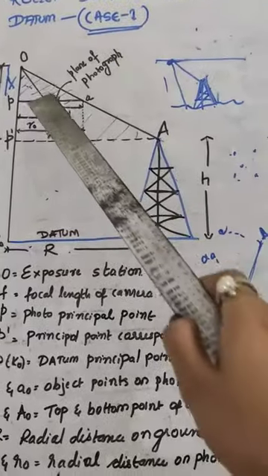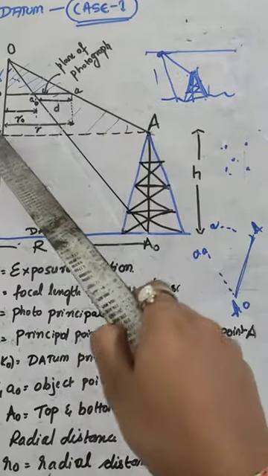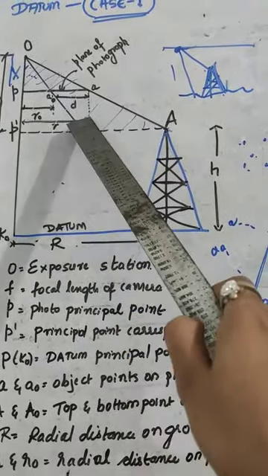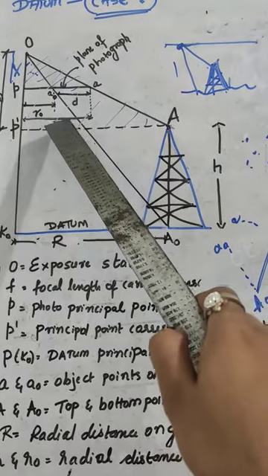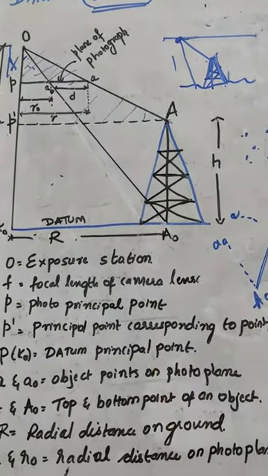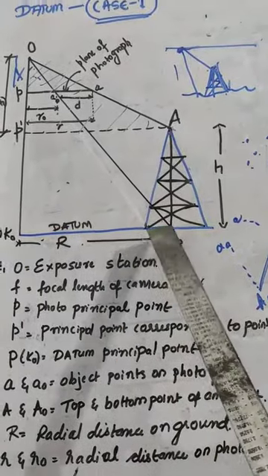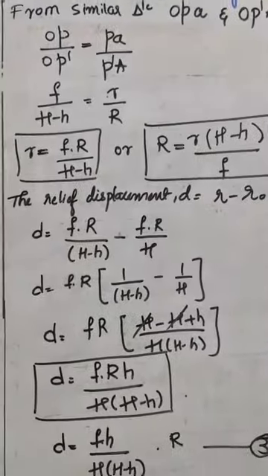PA, in the sense of the distance P to A, is represented by small r, and P dash A, that distance, is given as capital R. This we have substituted.